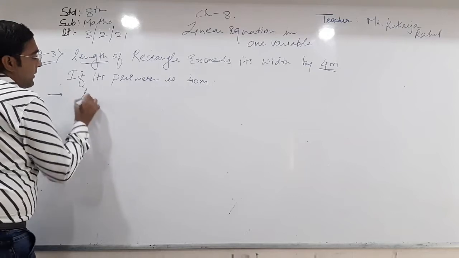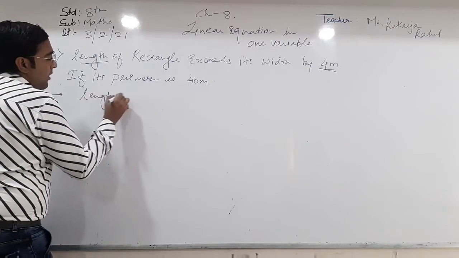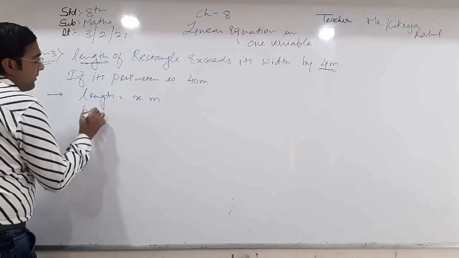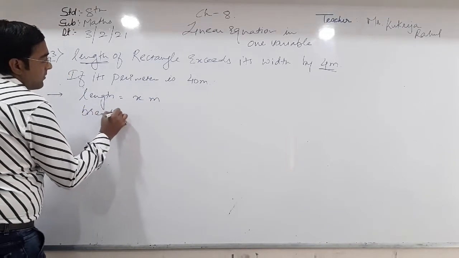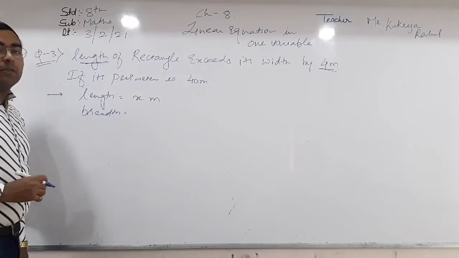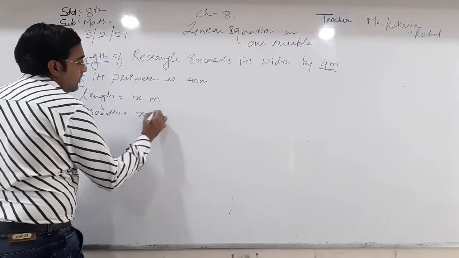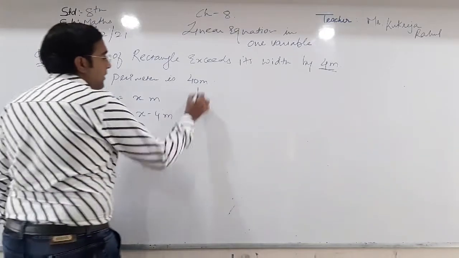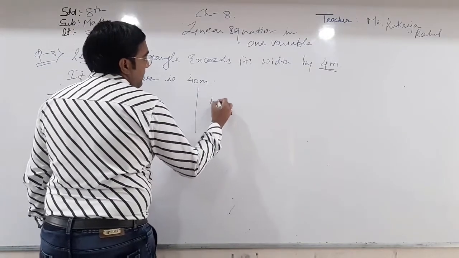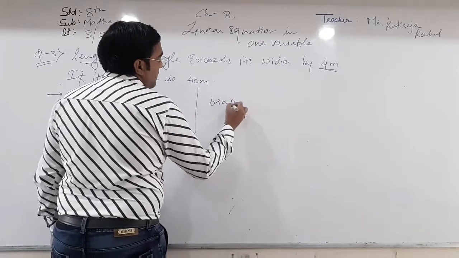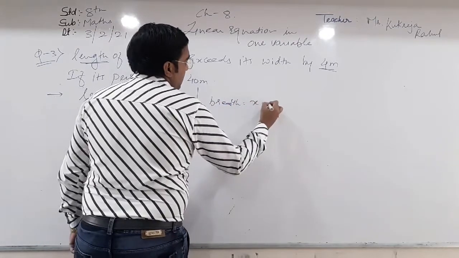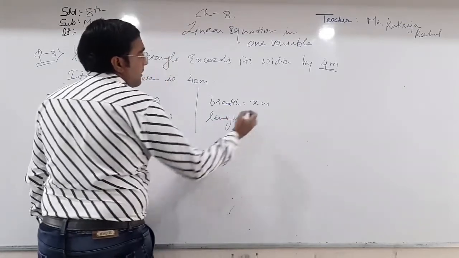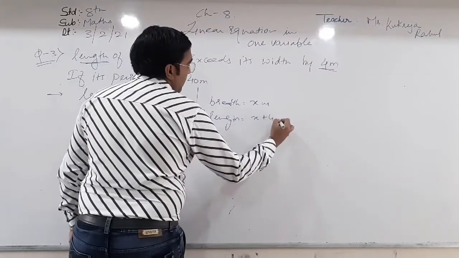So I'll take the length of the rectangle as x meter, then breadth will be x minus 4. Or, if we take the breadth as x meter, the length will be 4 meter more than the breadth, then x plus 4 meter.